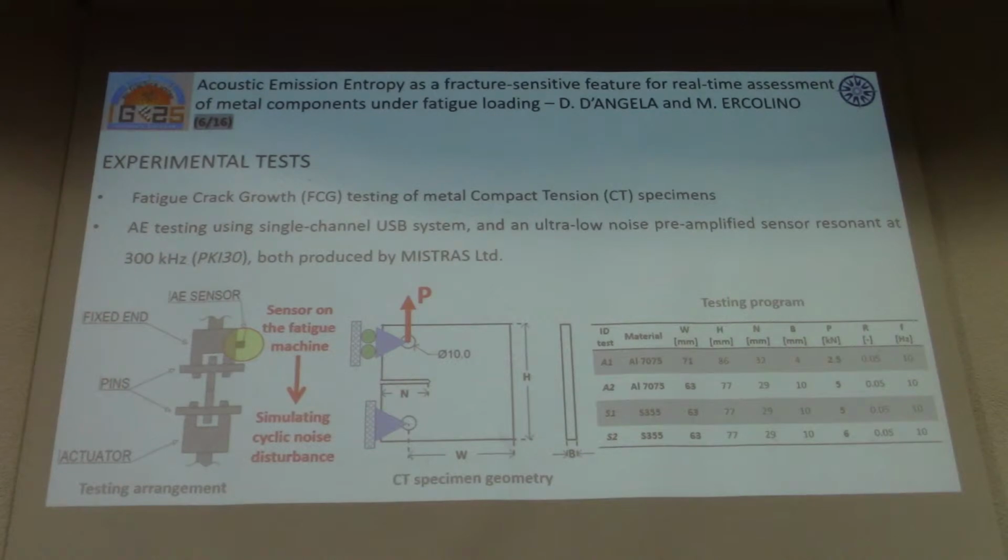The particular application was that the sensor was not on the sample, like it is usually done, but was on the fatigue machine, in order to take into account the cyclic noise due to the mechanical equipment. You can see the geometry of the sample. We tested 4 samples. 2 were aluminum, 7075-T6, and 2 were steel S355.